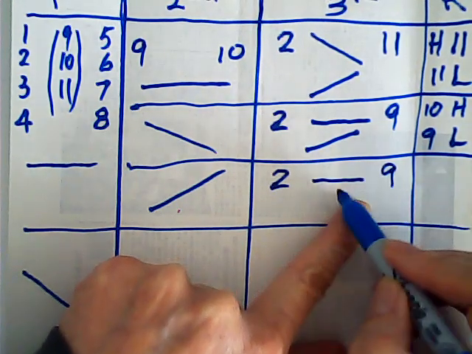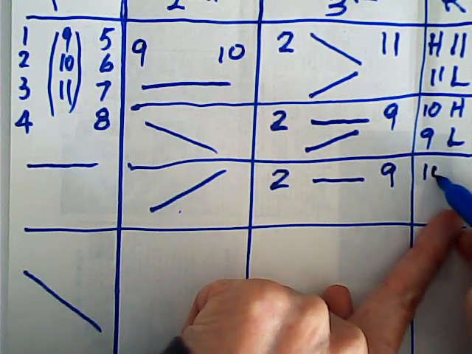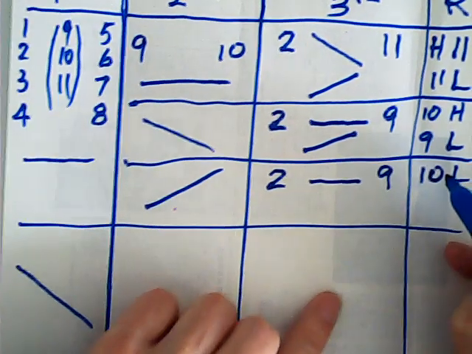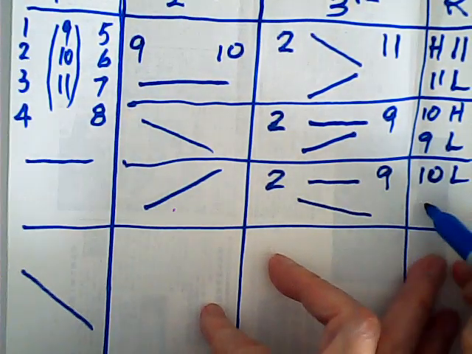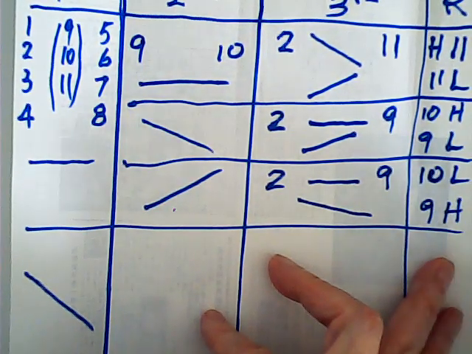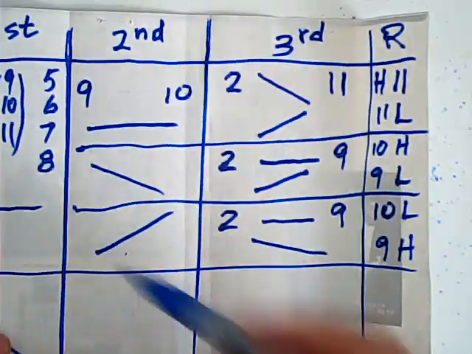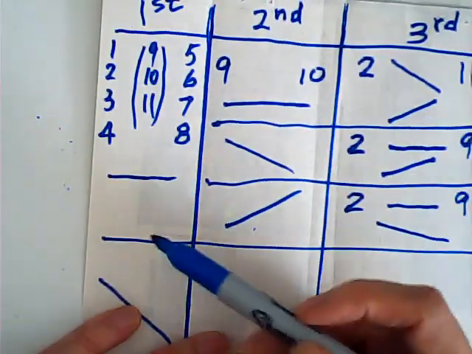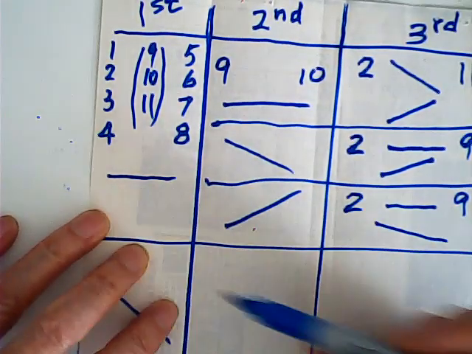If it shows this way, then 10 is lighter. If it shows this way, 9 is heavier. Okay, so that is all the possibilities when the first weighing shows both sides are equal.